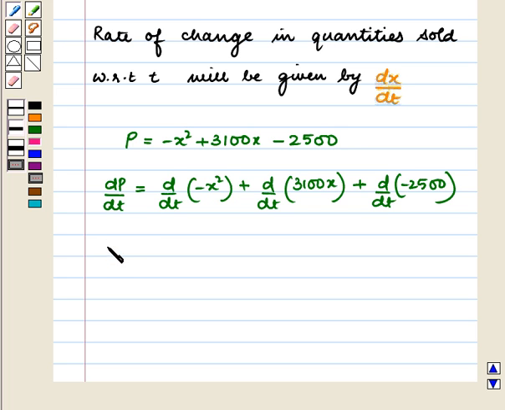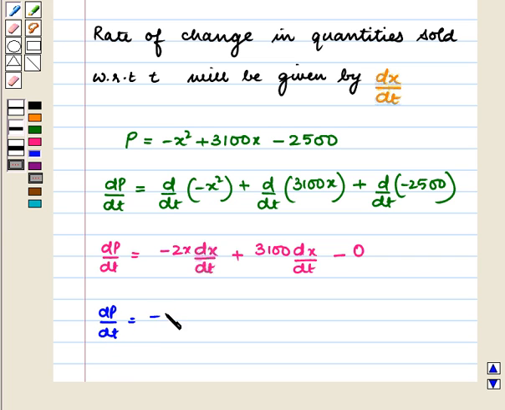And we get dP by dt is equal to minus 2x dx by dt plus 3100 dx by dt minus 0. Hence dP by dt is equal to minus 2x dx by dt plus 3100 dx by dt.